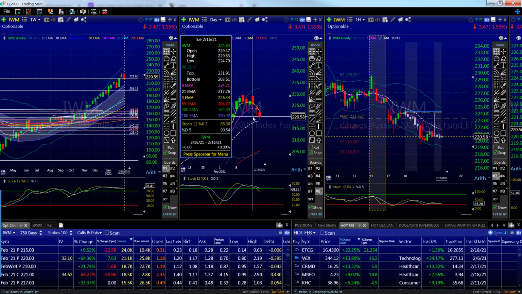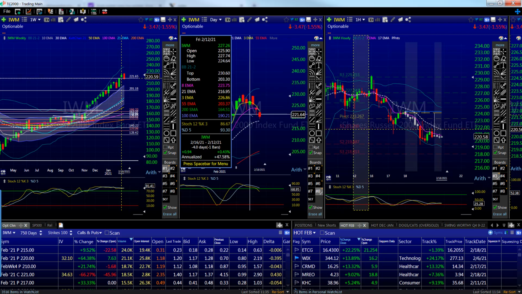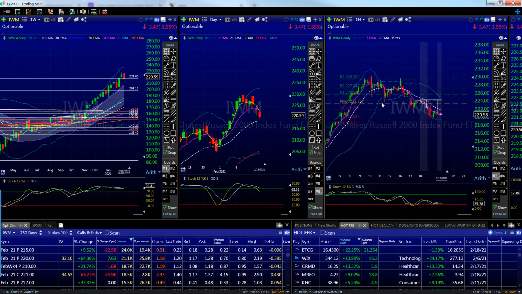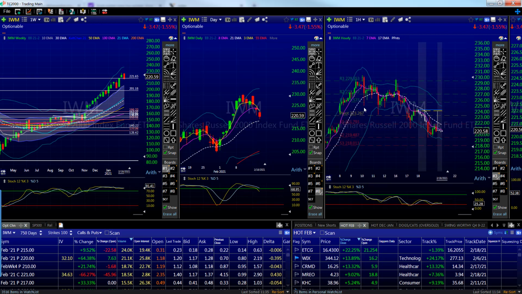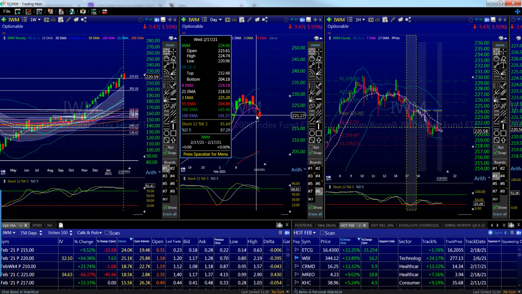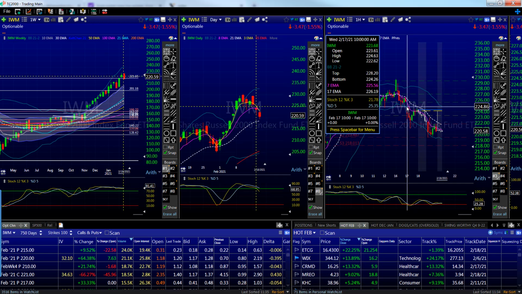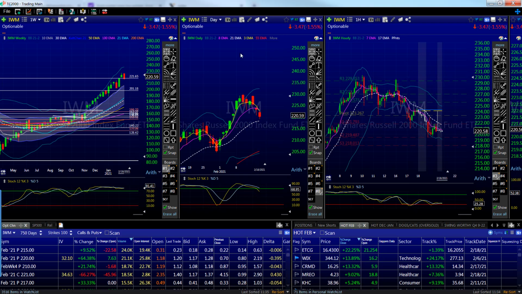IWM was the 17th, which was actually not on this red bar, none of these red bars, in fact, which is kind of curious, but this is trying to keep you in a directional trade, and this might have been a little bit choppy, let's put it that way. But when it finally did trigger, it was right here, and when it broke, that was the line to signal short, and it has stayed short since that 217 print.